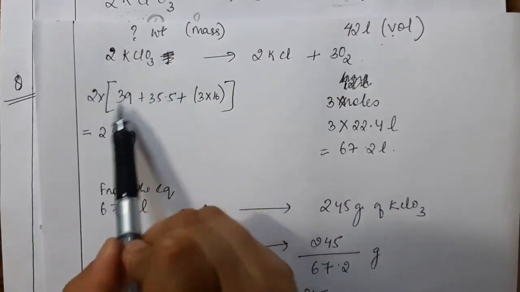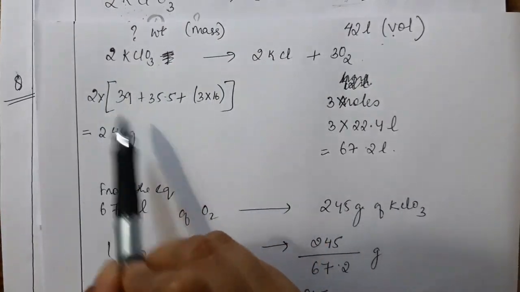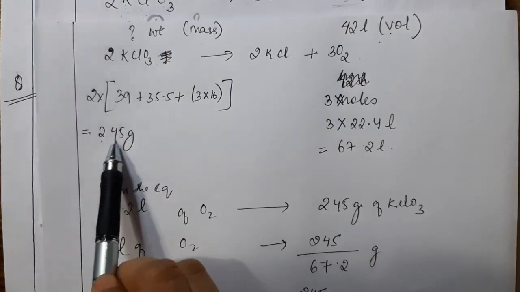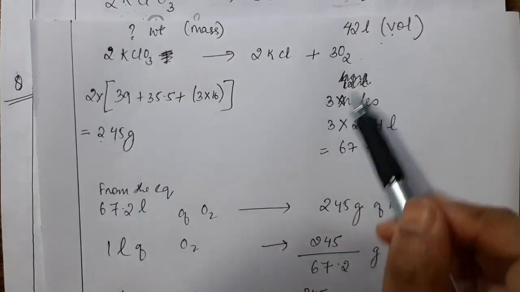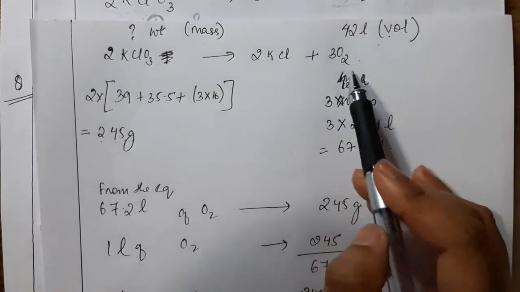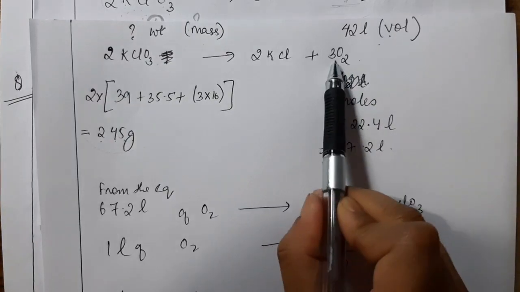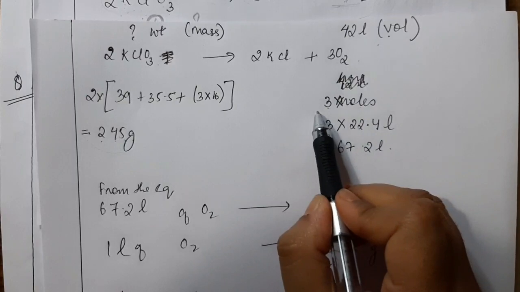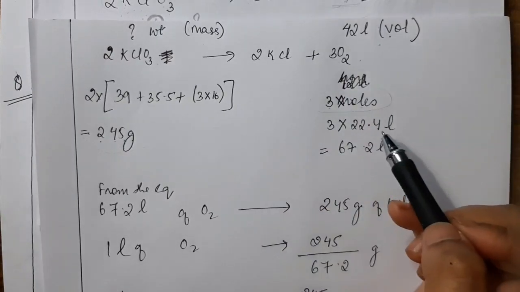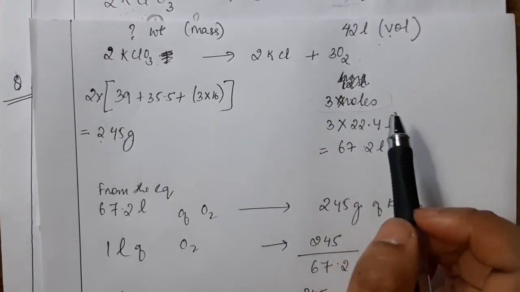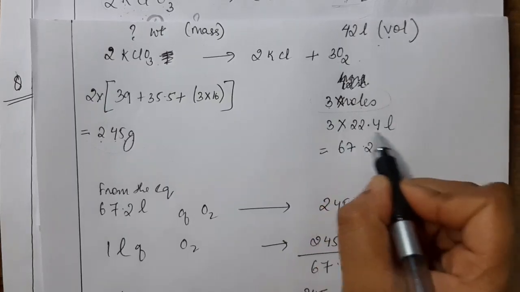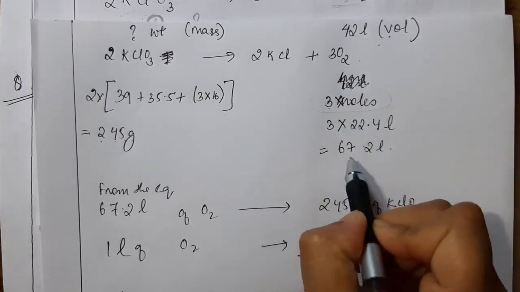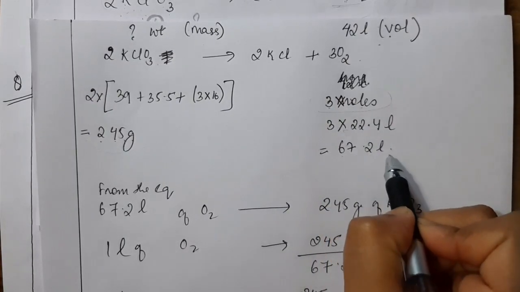So 2 KClO3, let's find out the mass for this one. It is 245 grams. Then volume from the equation, let's find out. Out here how many moles of oxygen? 3 moles. From the moles, can you find out the volume? Yes, of course. You know that 1 mole at STP always contains 22.4 liters. So 3 moles will contain 67.2 liters.